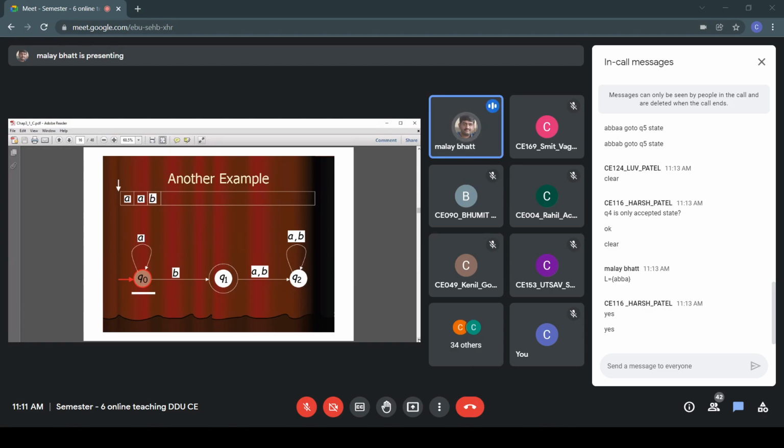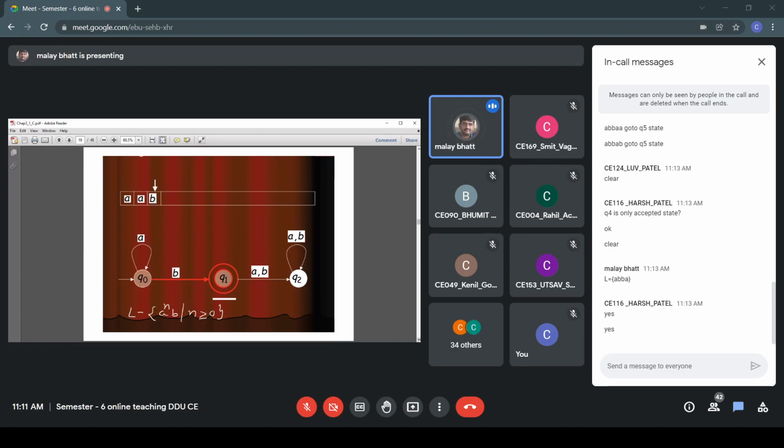Again if we have a symbol A, we remain in Q0. So if we have any number of A's, we'll remain in the Q0 state and not change the state. When we encounter the first B, we'll go to the Q1 state.